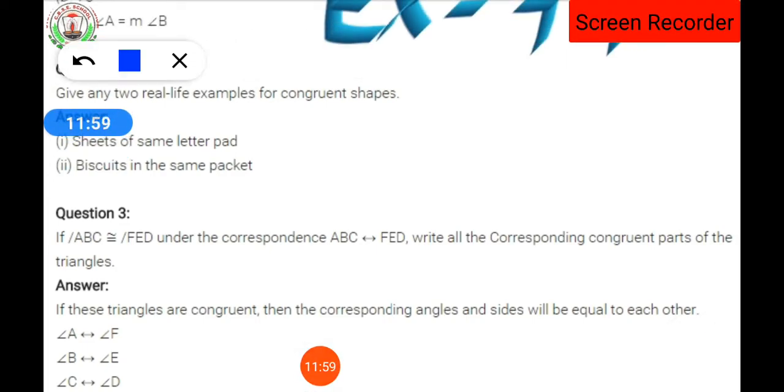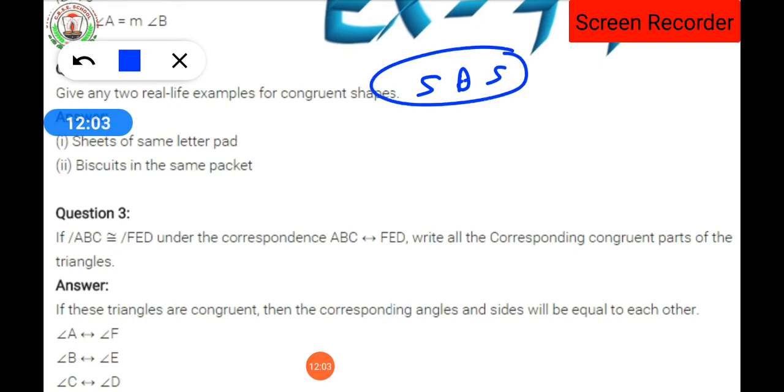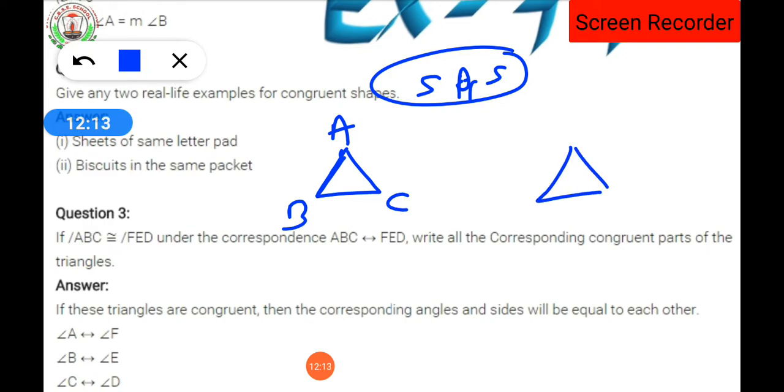So side angle side, this is the congruence criteria we are going to study. So for that, let us consider a triangle ABC, and the second triangle we are going to consider as PQR. Now here it is said, listen the definition, what the definition said.